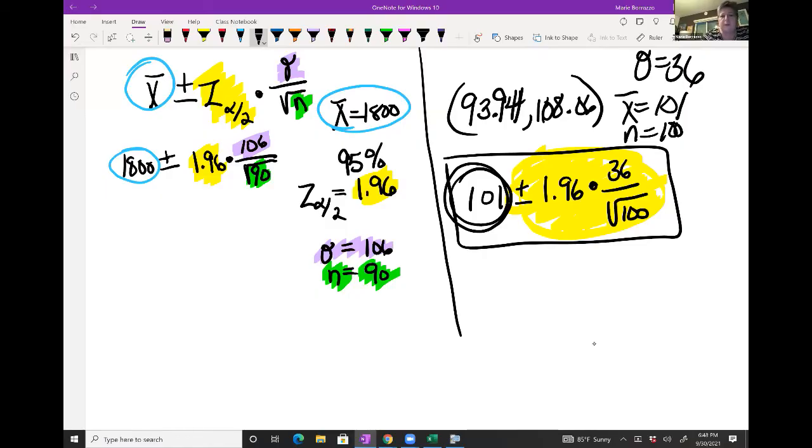All right, so this being the average, 101. Okay, let's take 93.944 and let's add 108.060. Add those two together. Somebody give me a number.